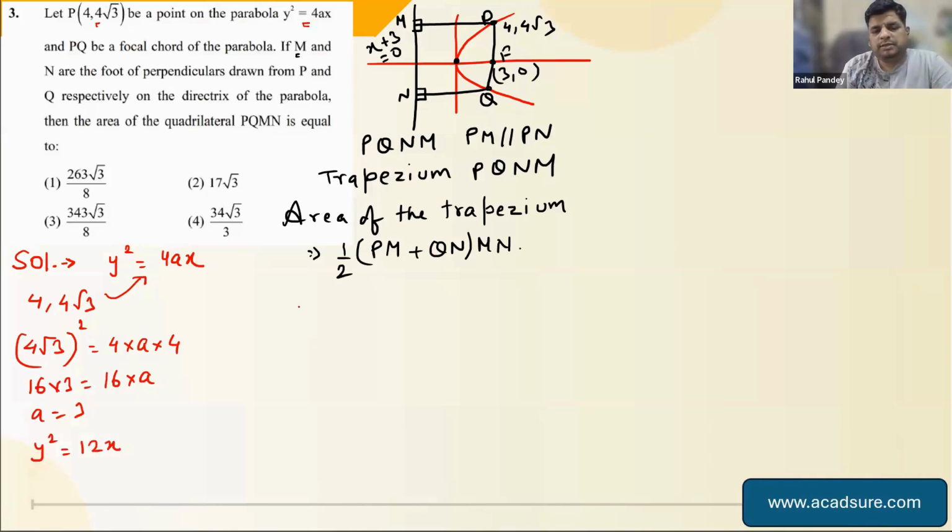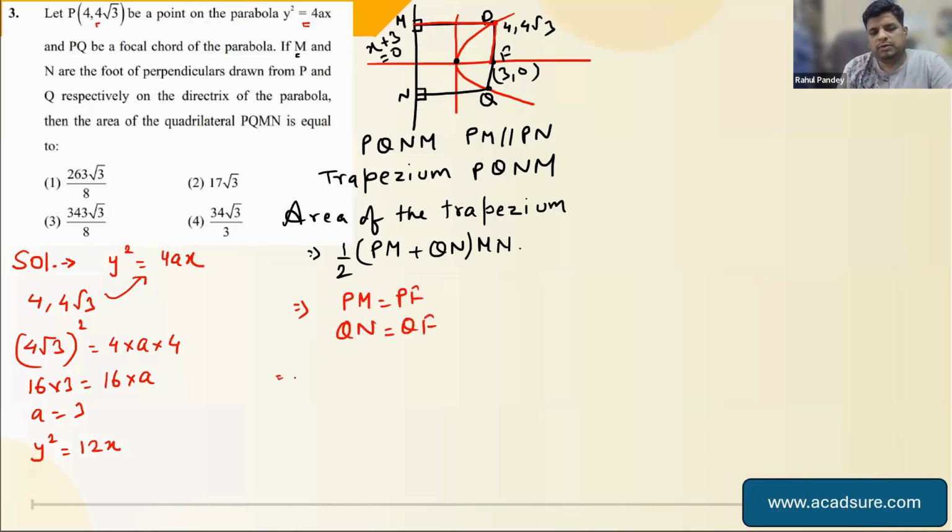So PM plus QN. By the basic definition of a parabola, PM, the distance of the point on the parabola from the directrix, is the same as the distance of the point on the parabola from the focus. So PM is equal to PF. Similarly, QN will be equal to QF.